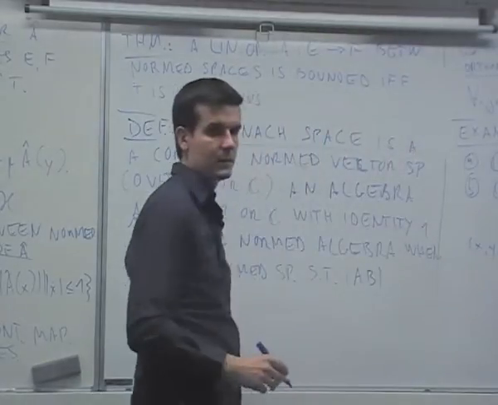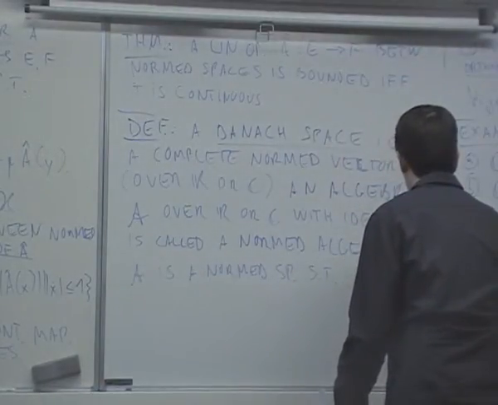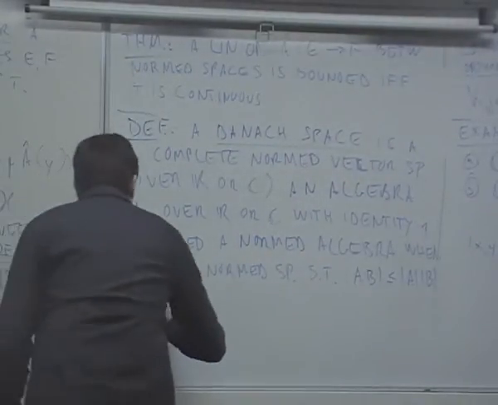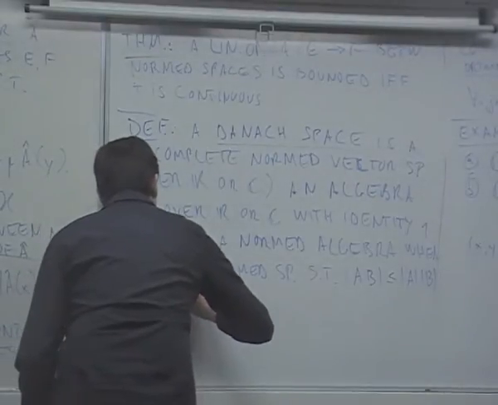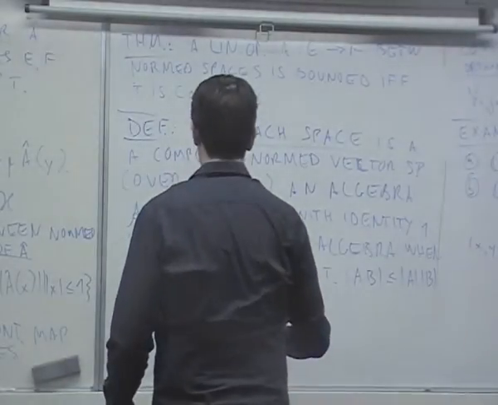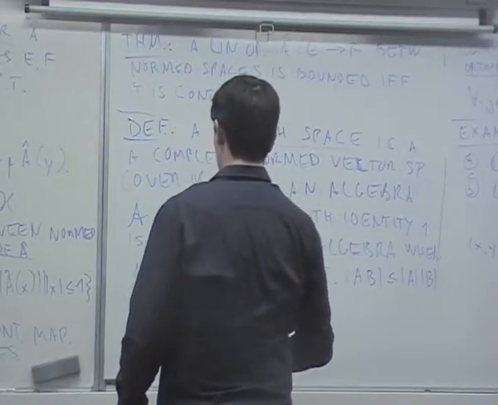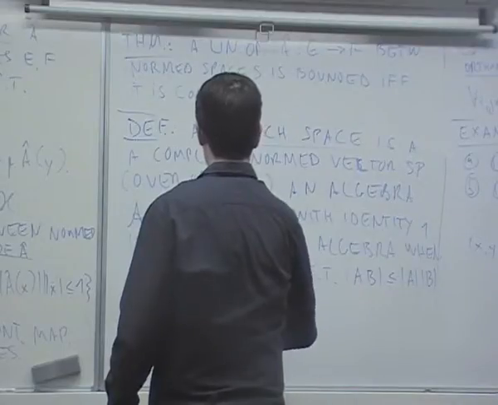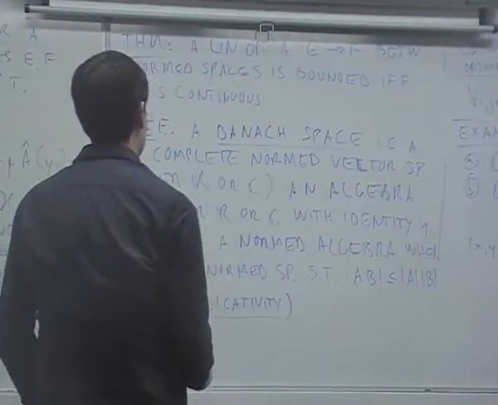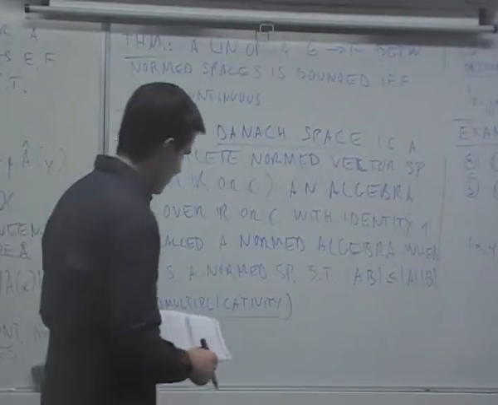The norm of A times B is smaller than or equal to the norm of A times the norm of B. This property is called submultiplicativity, for the obvious reason.